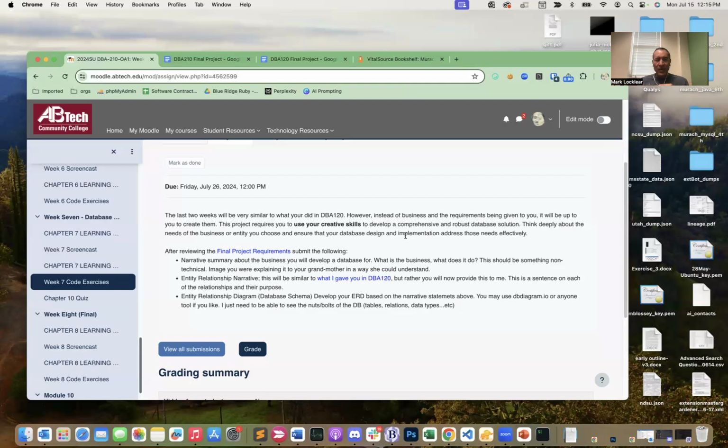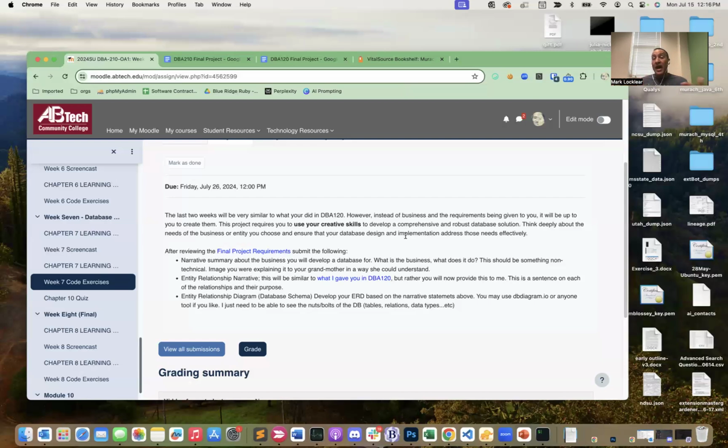So really the idea here is that the first week, week 7, you're just giving me a general layout: the narrative summary, so I understand what the business is and what it does, a narrative around the entity relationship diagram, so I understand what the database is going to look like, and then a first stab at the entity relationship diagram.